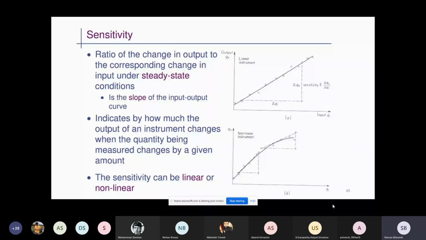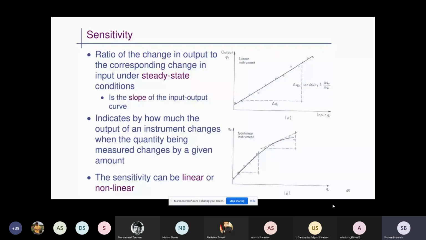Now sometimes the input-output relationship is not linear. If it is not linear, then as you see in figure B, it may be a curve, which indicates how much the output changes. What we generally do at that point, called the nominal point, is take a tangent, which means you linearize at that point.